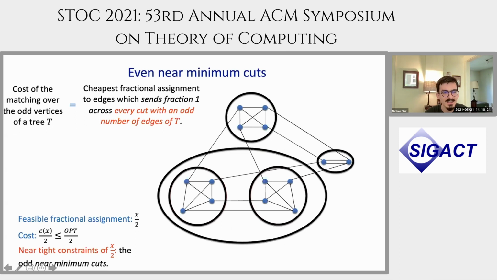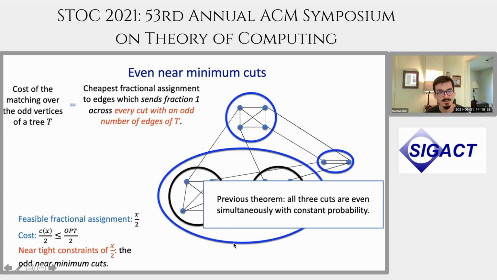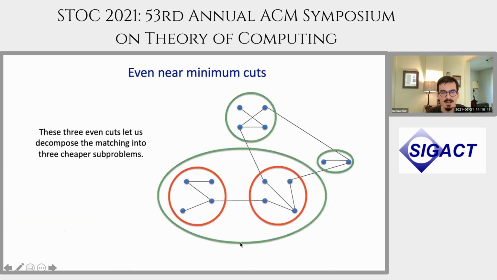Well, let's say that this picture on the right is my set of near minimum cuts. And what the previous theorem says is, for example, if I fix these 3 cuts, there's some chance I choose a tree where all 3 of them are even at the same time. And if this happens, so maybe if I pick a tree like this, then basically now we have 3 separate subproblems, kind of one for each of these green sets.